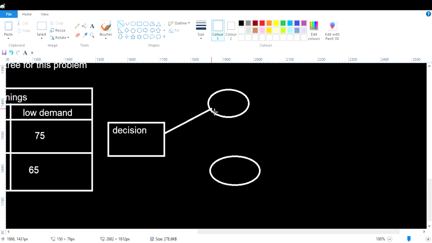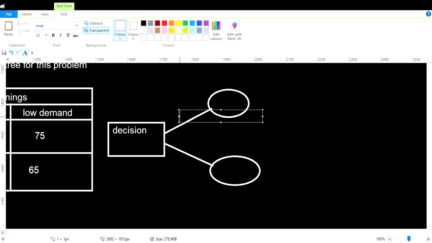Here is the first option, here is the second option. Here I'm going to write big factory, I'll just write BF, then here small factory, or just write small f for factory.